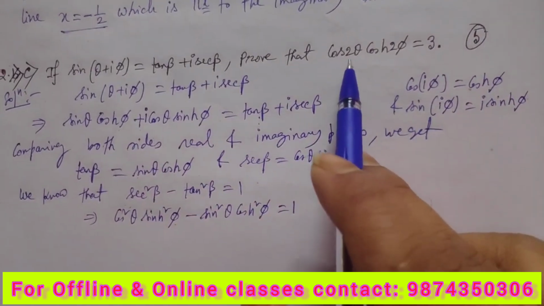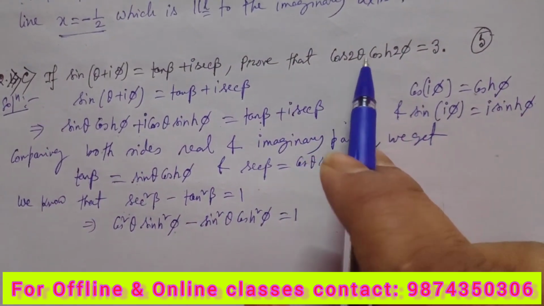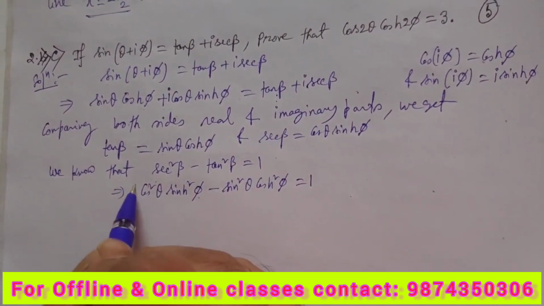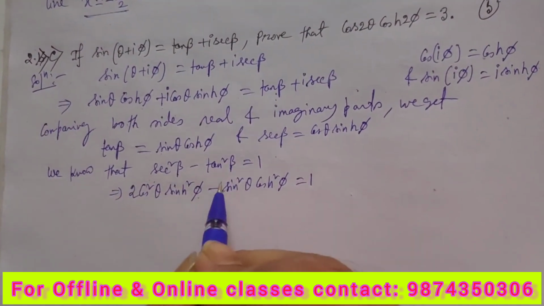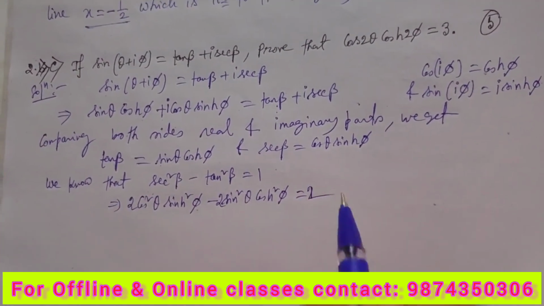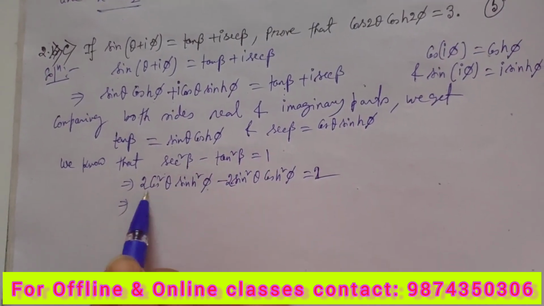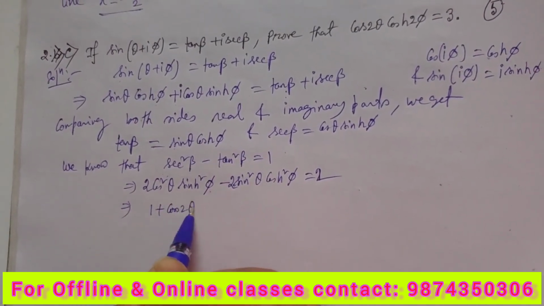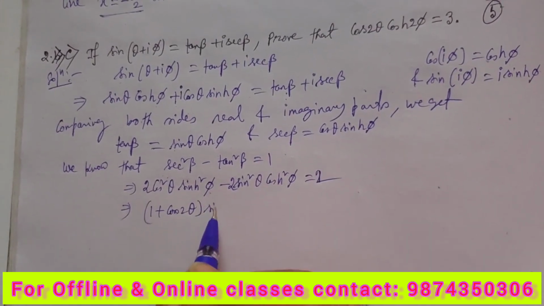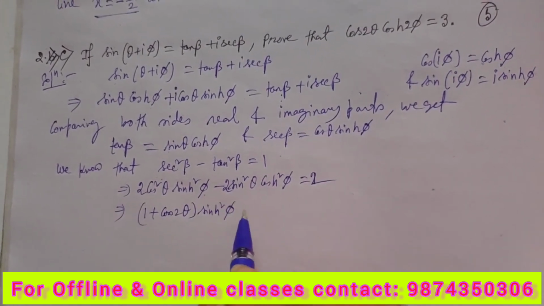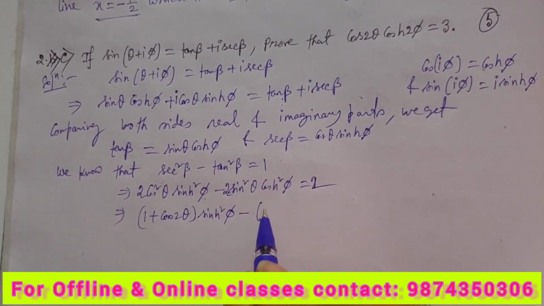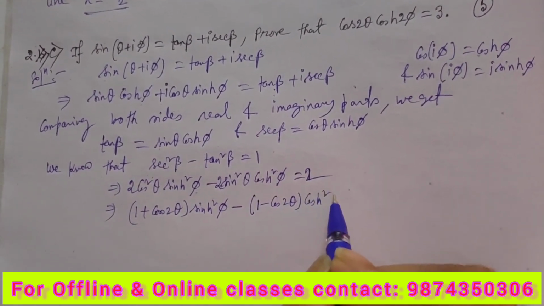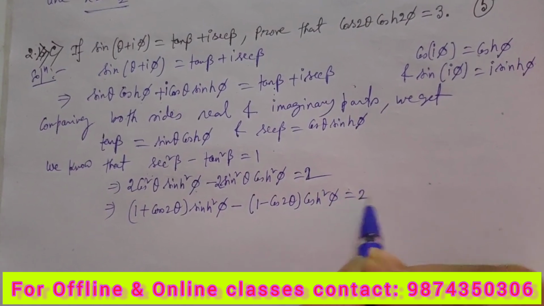Now we see that the proof involves cos 2 theta, so we multiply both sides by 2. This implies 2 cos square theta, meaning 1 plus cos 2 theta, into sinh square phi, minus 2 sin square theta, meaning 1 minus cos 2 theta, into cosh square phi, is equal to 2.